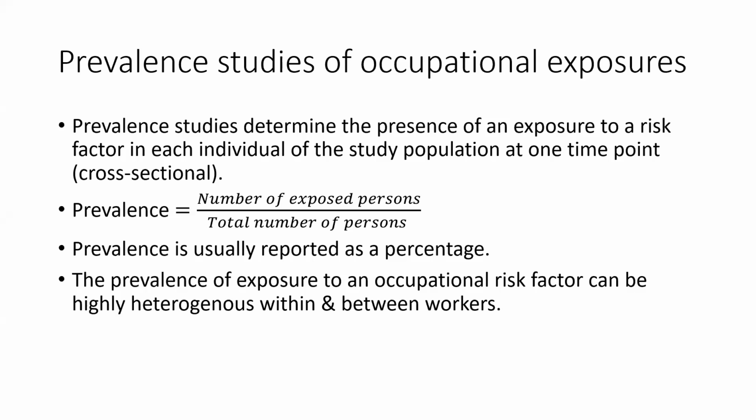There can be a lot of variability in exposure to occupational risk factors, both within a specific worker and between workers. For example, a construction worker might be exposed to occupational noise on one day, but not on the next. And also workers in different occupations or different industrial sectors might have different levels of exposure to occupational noise.